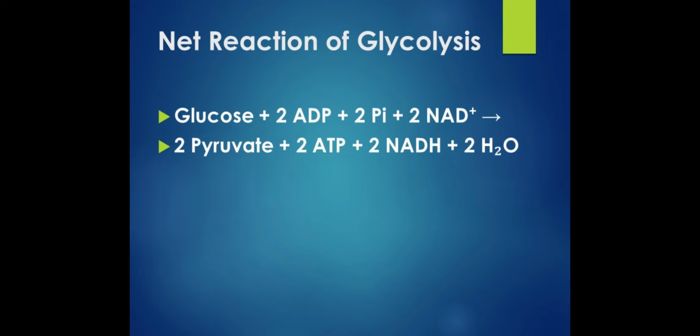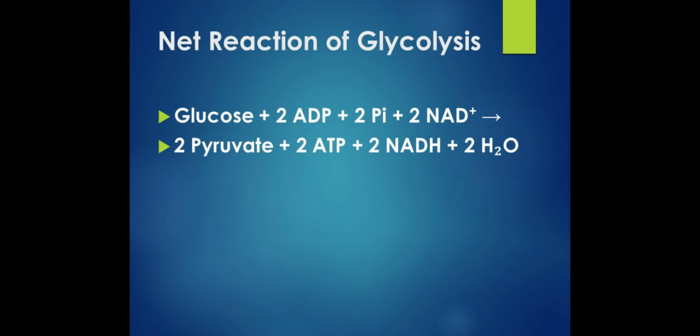So the reaction will be glucose plus 2 inorganic phosphate plus 2 ADP plus 2 NAD plus to give us 2 molecules of pyruvate plus 2 molecules of ATP plus 2 molecules of NADH plus 2 molecules of hydrogen ions plus 2 molecules of water.